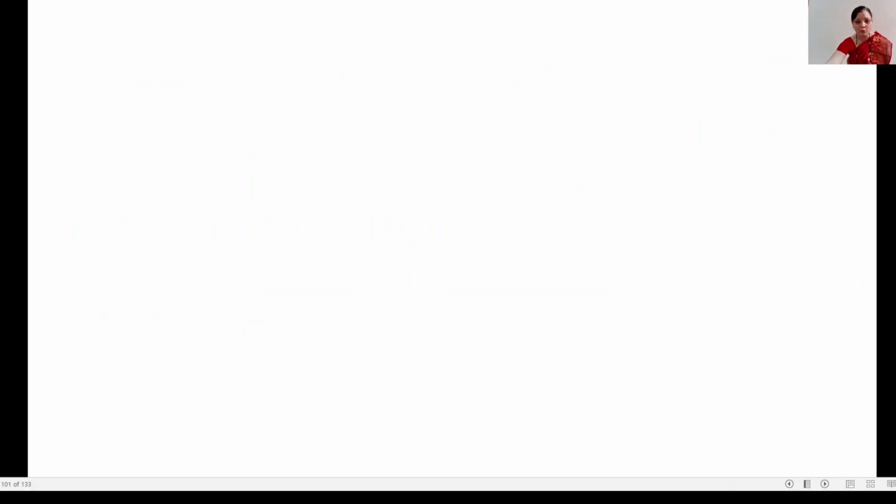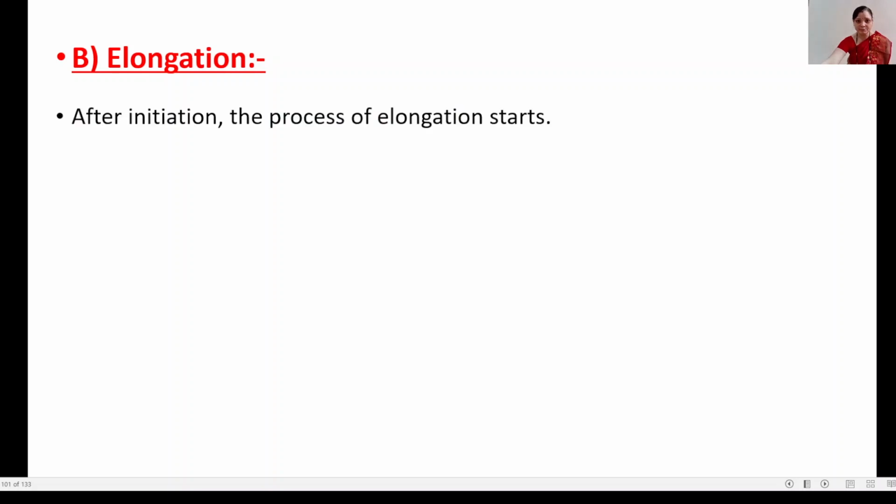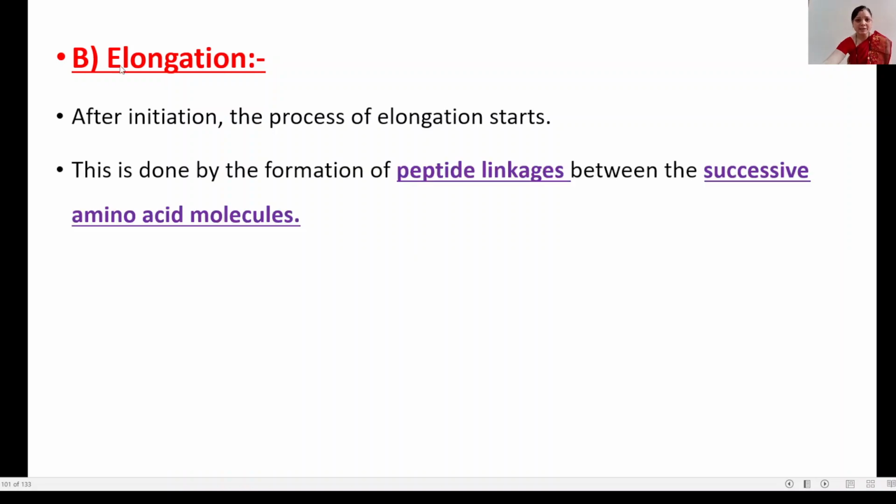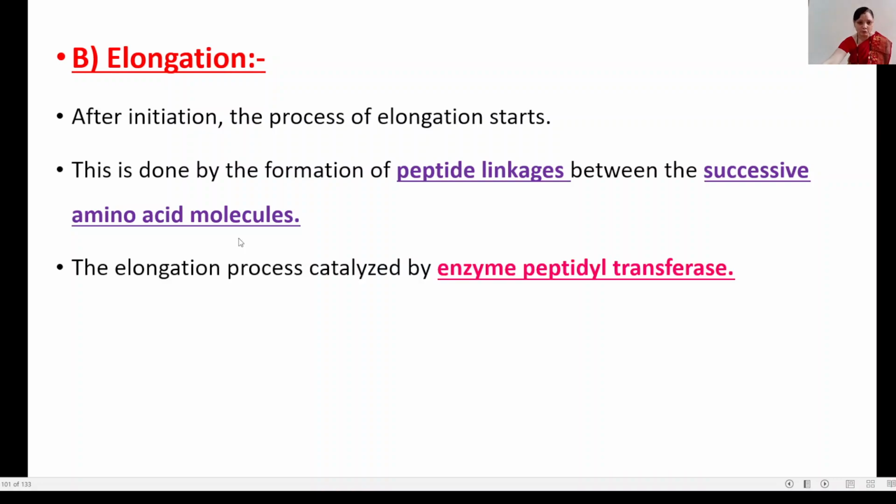So the next process in the formation of the polypeptide chain is elongation. After initiation, the process of elongation starts. This is done by the formation of peptide linkage between successive amino acid molecules. The elongation process is catalyzed by the enzyme peptidyl transferase.